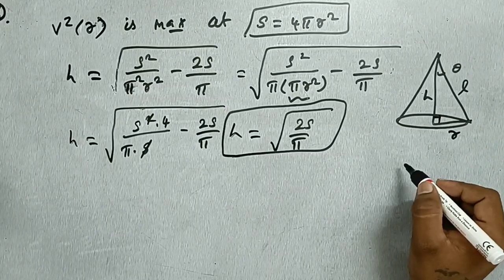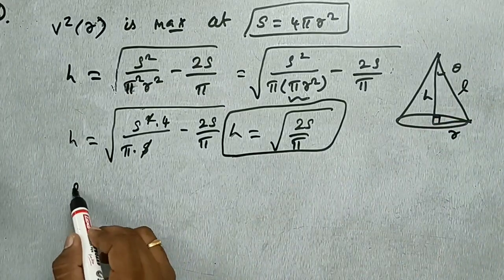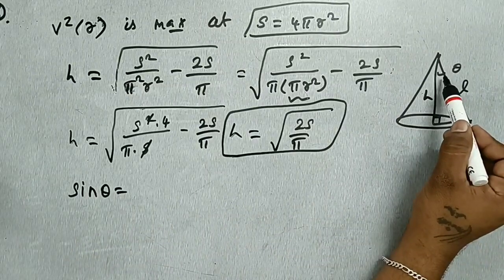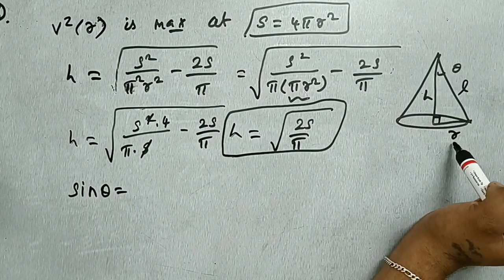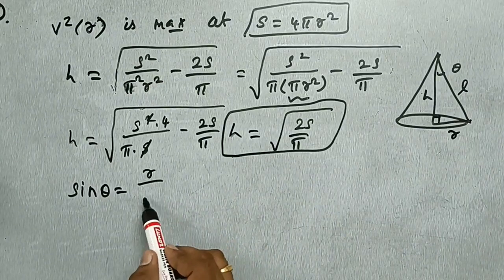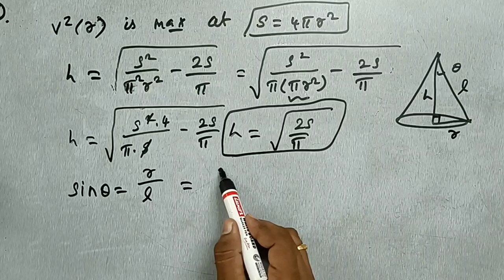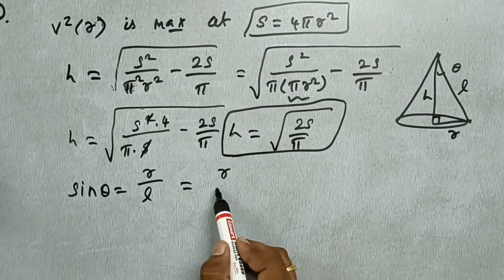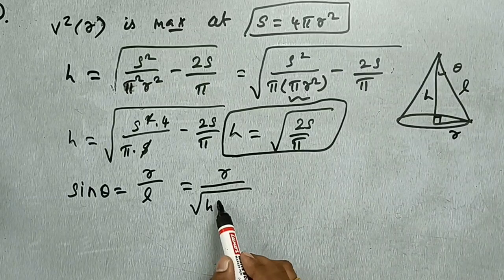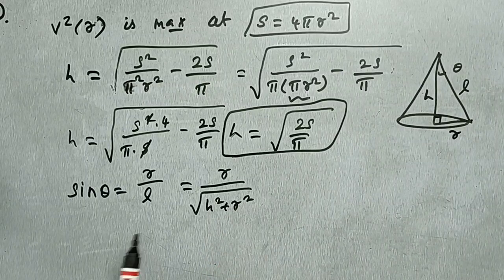In this triangle, sine theta equal to, theta here, so opposite side equal to r and hypotenuse equal to L. So sin theta equal to r by L will come. So r value we can keep as it is, and the L value we already know: L equal to root of h square plus r square.